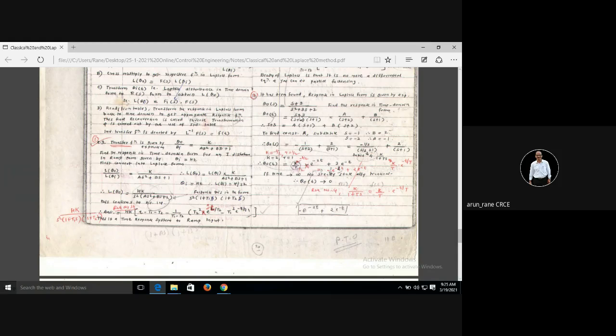Now you equate the numerator by taking LCMs, so you will get the values of A and B. The value of A is minus 1, so your output becomes minus 1 upon s plus 2 plus 2 upon s plus 1.